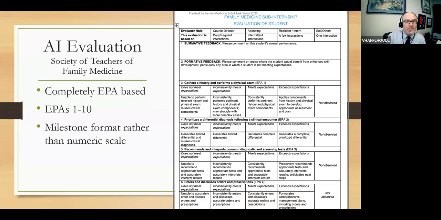You guys, I'm sure, are familiar, moving up from inconsistently meets expectations to exceeds expectations. But underneath it, they give anchors. They've got anchors that say, what are some examples of exceeding expectation versus meeting expectation? And by the way, they recommend that a self-assessment be incorporated into this process as well.